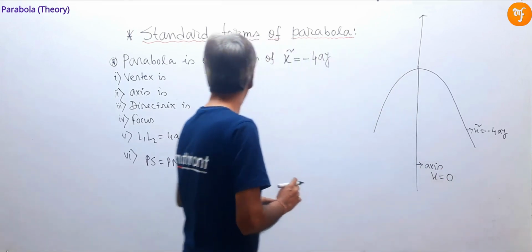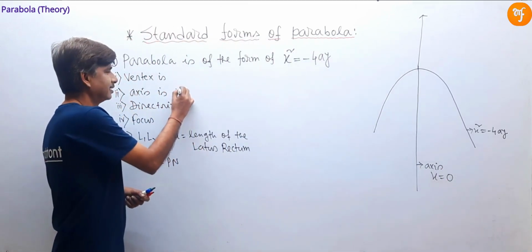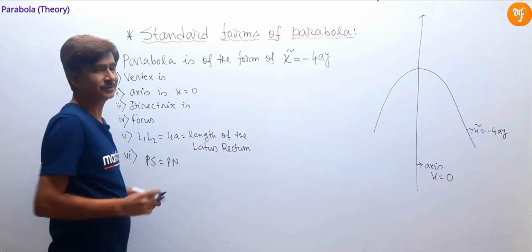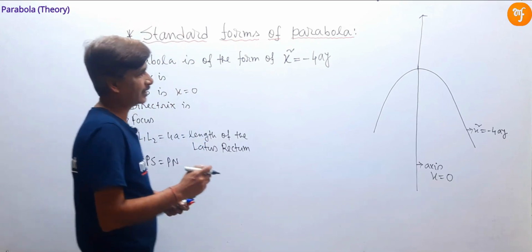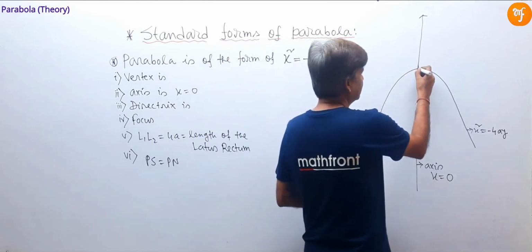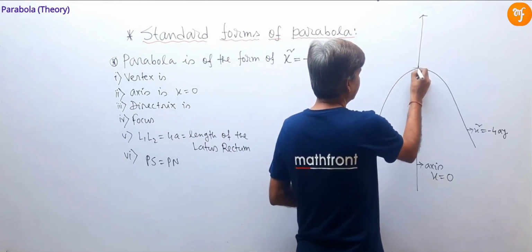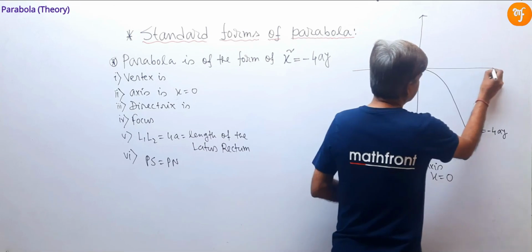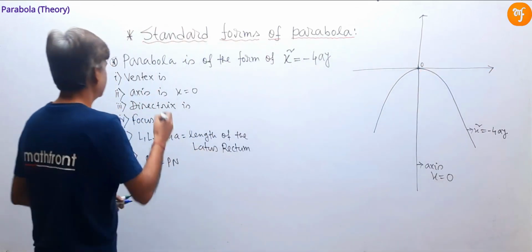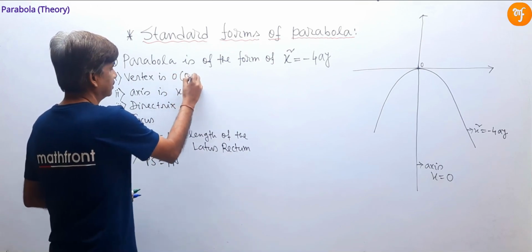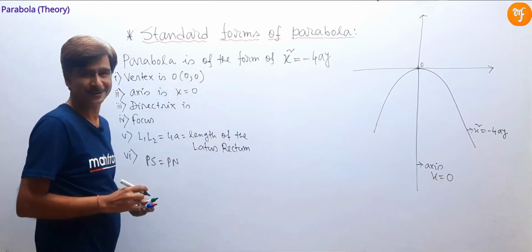So we should write axis is x is equal to 0. Okay, clear? Now what is the vertex? The vertex is at the origin. So we should write vertex is at origin 0 comma 0.